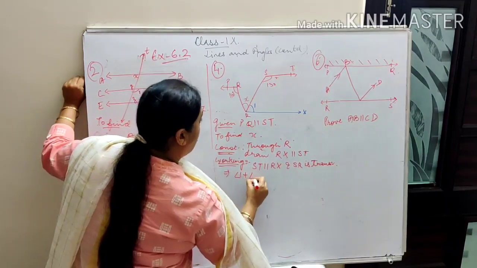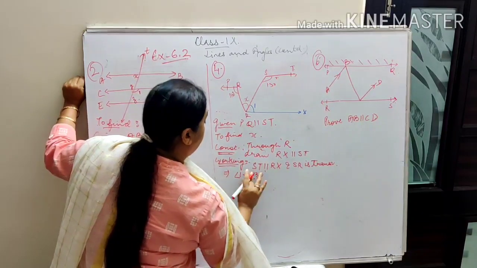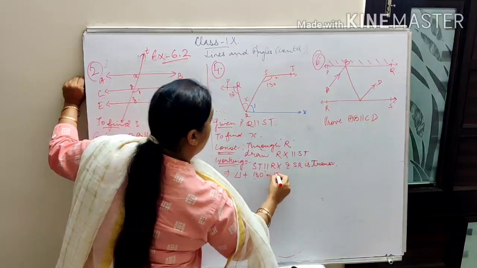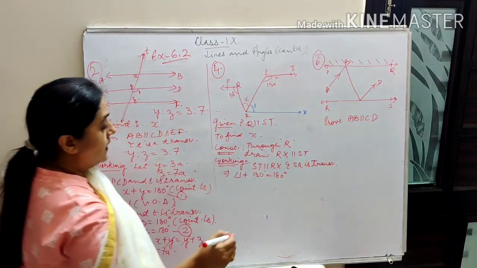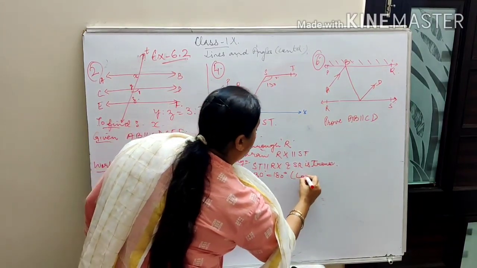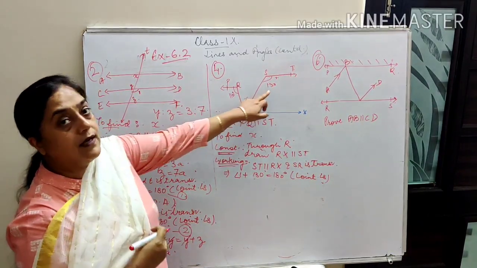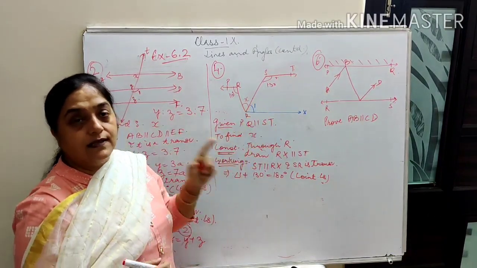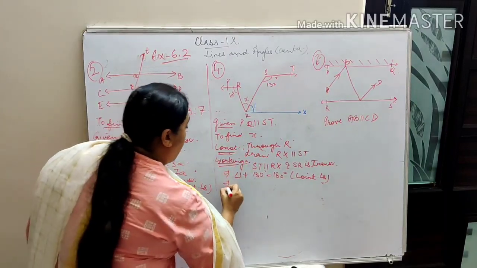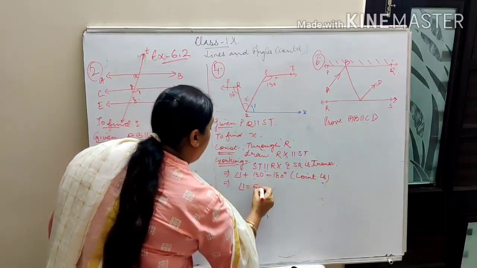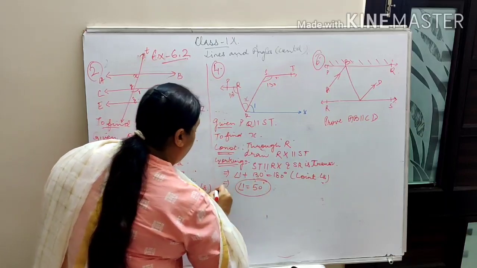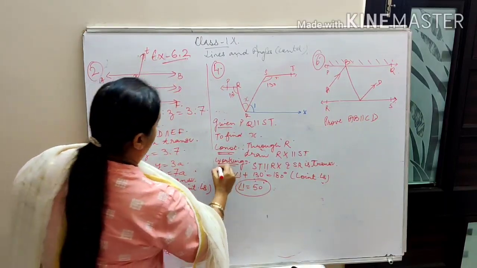Angle 1 plus 130 degrees is equal to 180. Right? Why? Co-interior angles. You know that angles on the same side of the transversal are supplementary. So this implies angle 1 comes out to be 50 degrees. Okay? This is step 1.